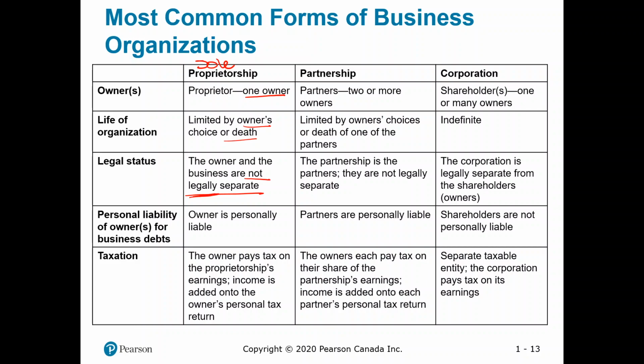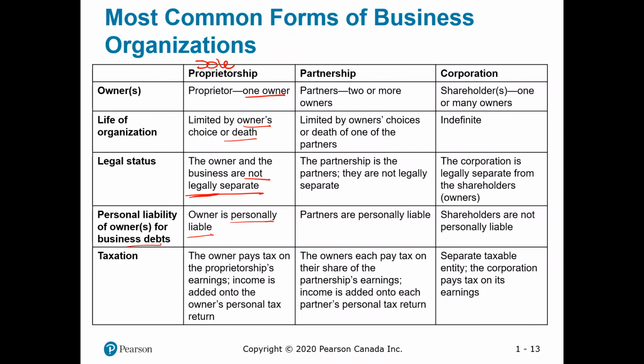Under a sole proprietorship, the owner is personally liable for any business debts that happen. And what this means, because we're keeping the business and personal separate in the accounting records, the business itself would take on debts. So if it purchased on account from a supplier, if the business had a loan, this would be in the business.